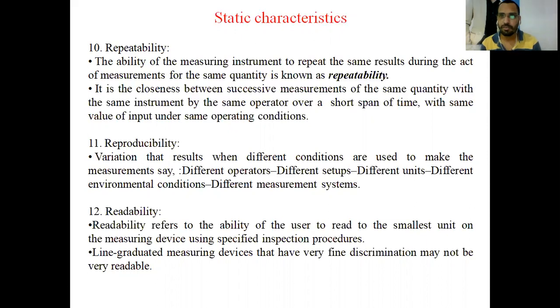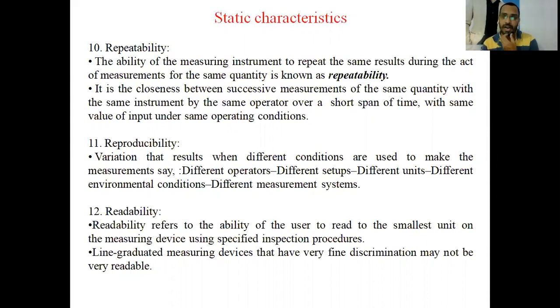So it means if you are measuring 20 ampere of current with the help of an ammeter, this 20 ampere will remain the same, and the operating conditions, meaning temperature, pressure of air, all remain the same. When the input remains the same for a short span of time, and the same operator is taking readings again and again, then the output will also be the same.